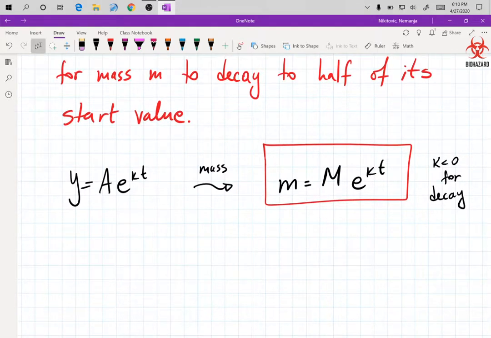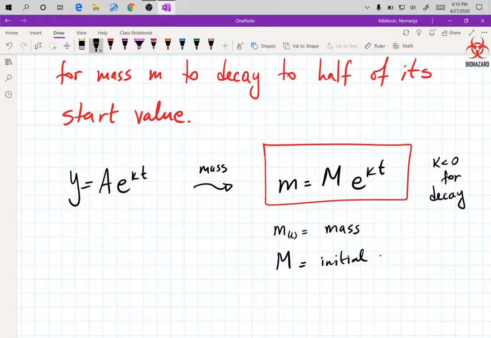All right. So now, lowercase m of t is the mass. Capital M is initial mass, and I called it earlier start value. So you can connect it up there to the red.